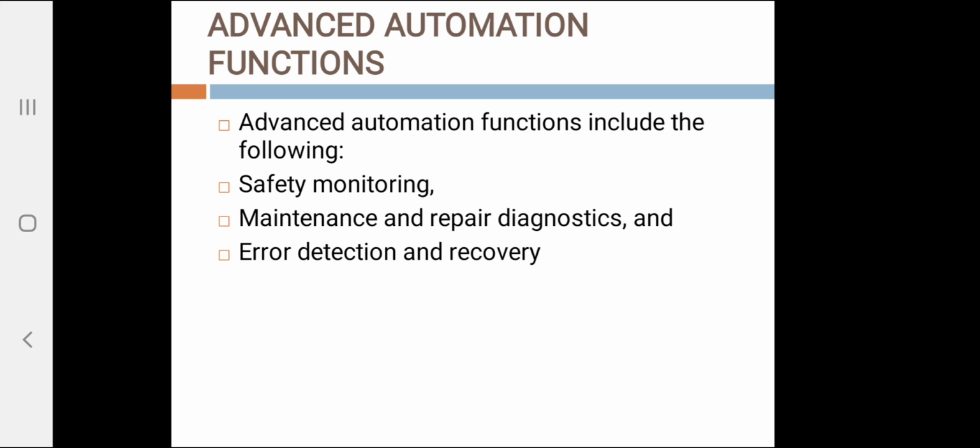The first function is safety monitoring. One of the significant reasons for automating a manufacturing operation is to remove workers from a hazardous working environment. An automated system is often installed to perform a potentially dangerous operation that would otherwise be accomplished manually by a human worker. However, even in automated systems, workers are still needed to service the system at periodic time intervals, if not full time.